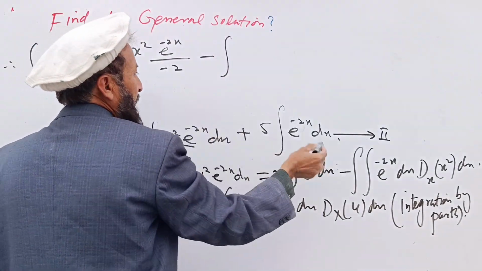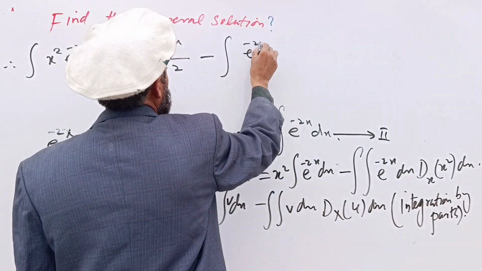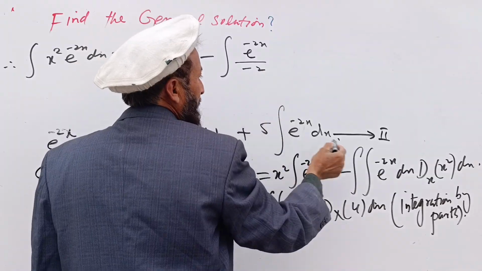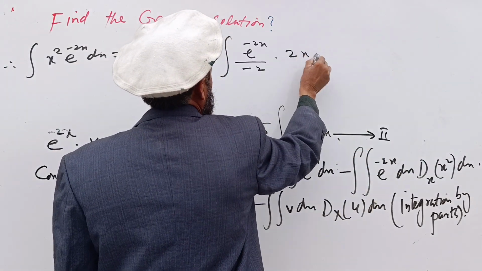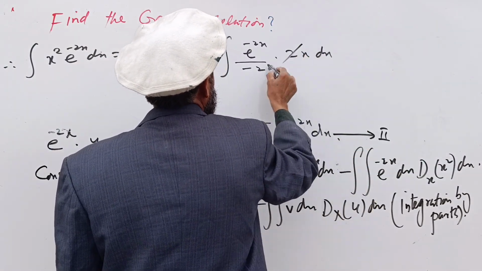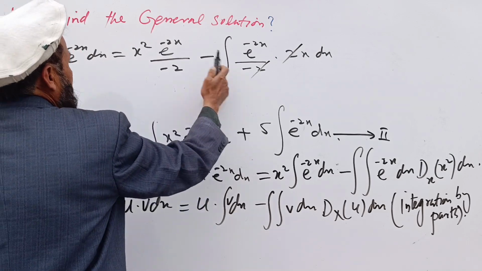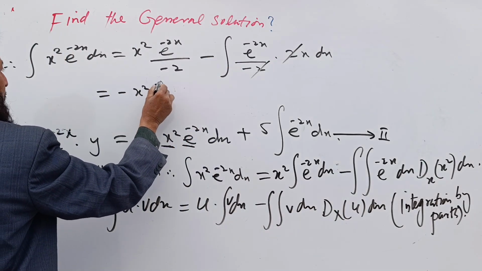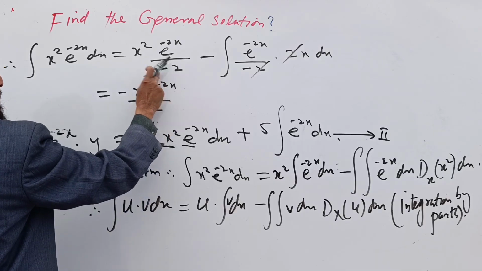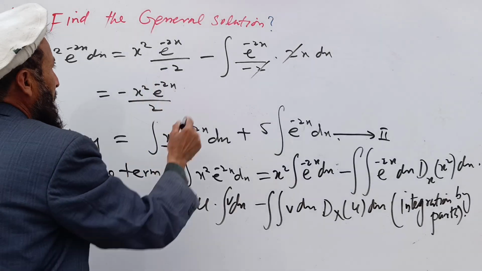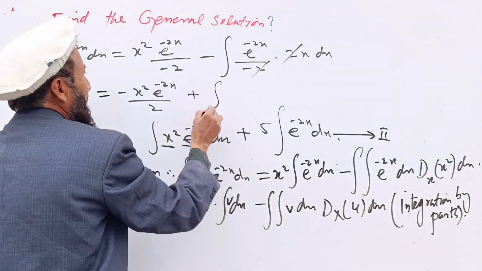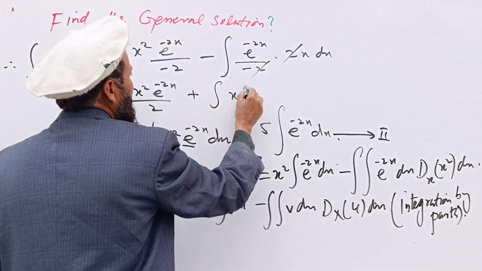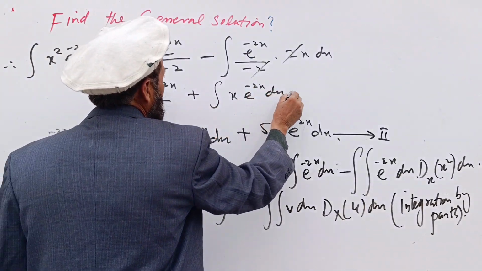Similarly, in the second term we have e exponent of minus 2x divided by minus 2 and the derivative of x square, which is 2x, with dx remaining. This 2 and this 2 cancel, and minus and minus make plus. So we get minus x square e exponent of minus 2x divided by 2, and plus the integral of x e exponent of minus 2x dx.